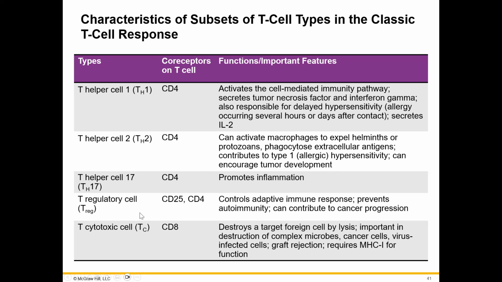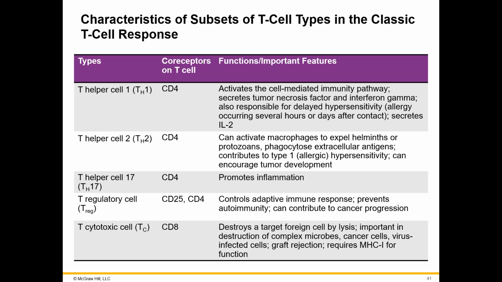Now, the T regulatory cells. These were all T helpers, okay? The T regulatory cell is going to have a co-receptor of CD25 in addition to CD4. It controls the adaptive immune response, prevents autoimmunity, and can contribute to cancer progression. A cytotoxic cell has a cluster of differentiation 8 as the co-receptor on the T cell.